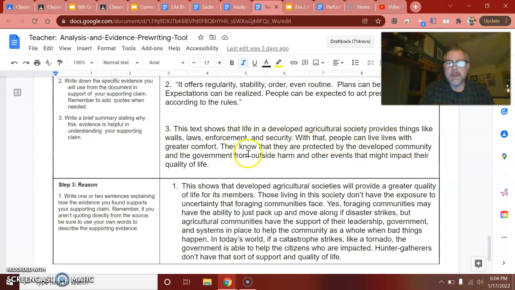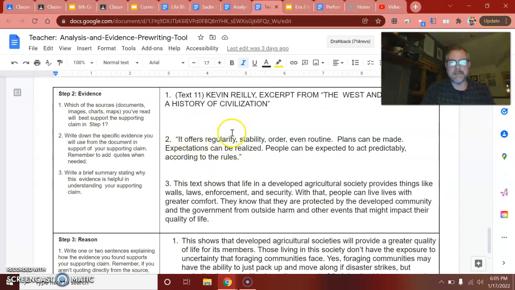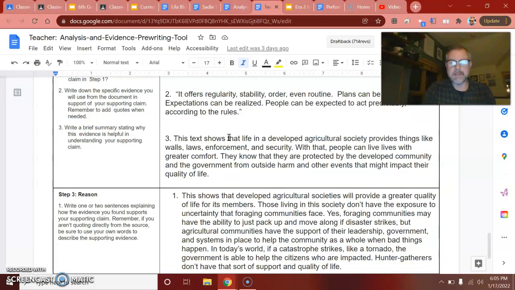With that, people can live lives with greater comfort. They know they are protected by the developed community and the government from outside harm and other events that might impact their quality of life. So this is why this evidence is helpful in understanding the supporting claim. This is our commentary about the text.